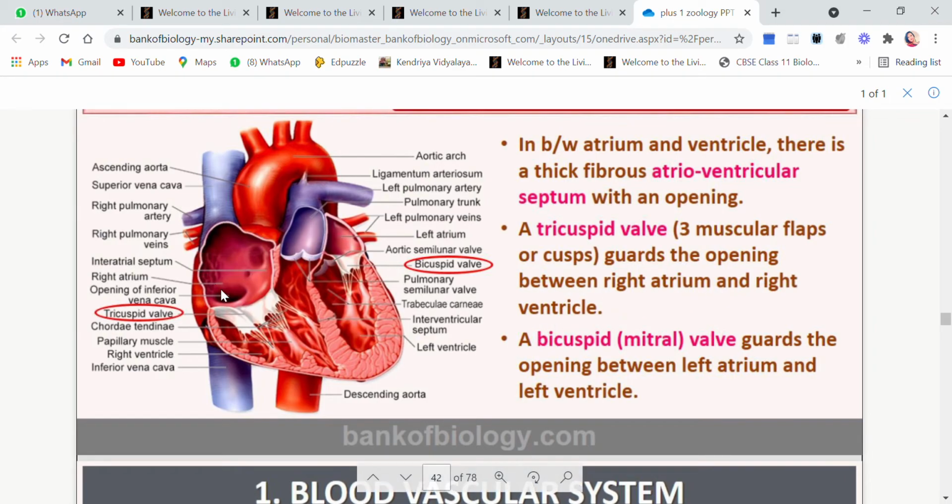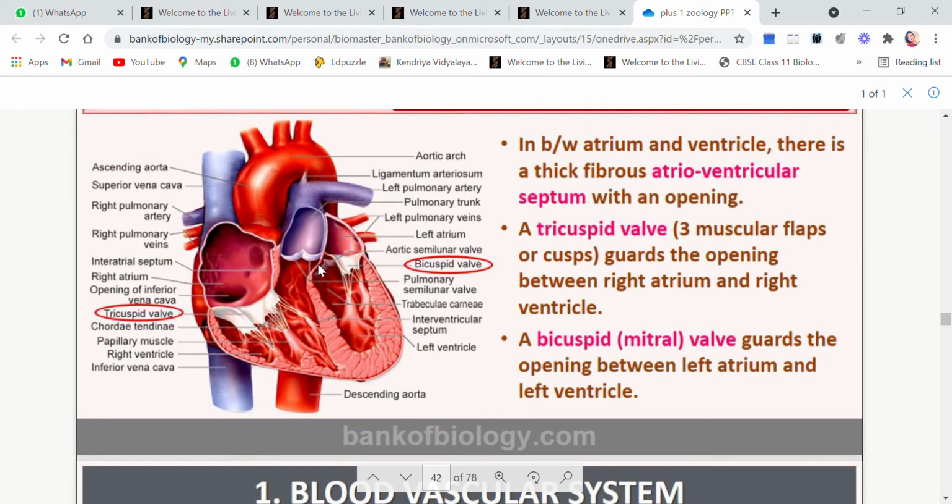So right atrium and right ventricle is separated by atrioventricular septum, and this septum is having an opening called tricuspid valve. Tricuspid valve has three muscular flaps. Similarly on the left side of the heart, left auricle or atrium is separated from left ventricle again by atrioventricular septum.